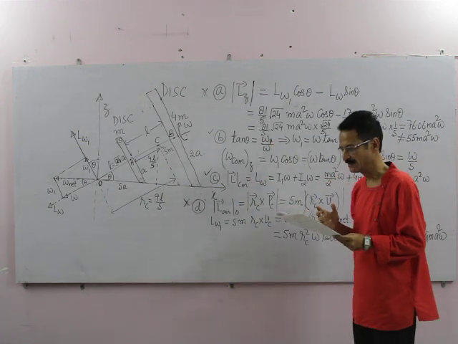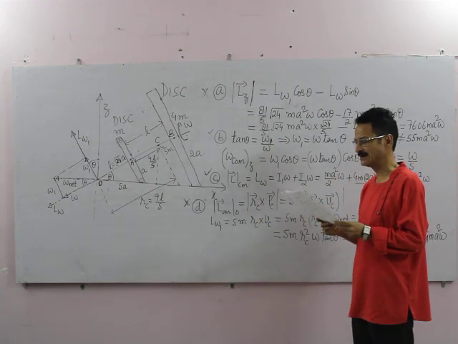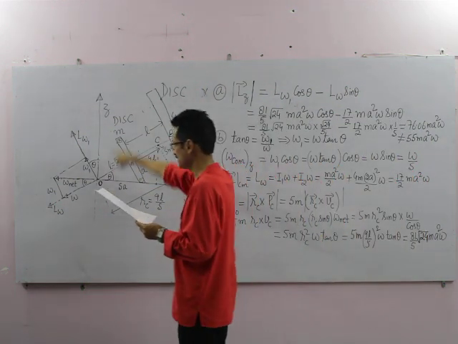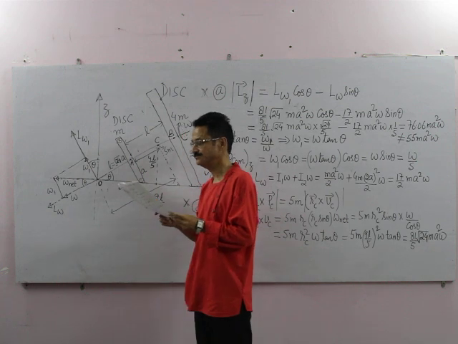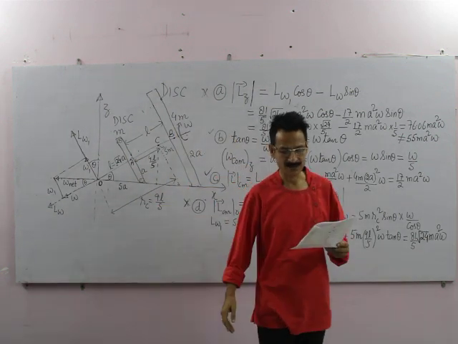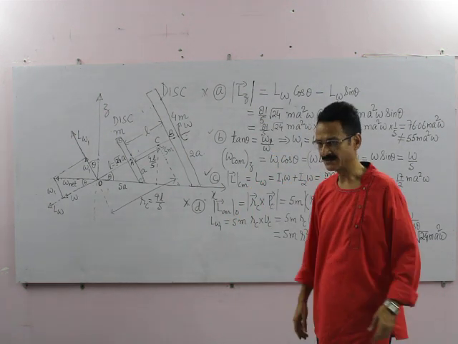So the first option is: the center of mass of the assembly rotates about the z-axis with an angular speed omega over 5. So we have to analyze whether this is the correct one.